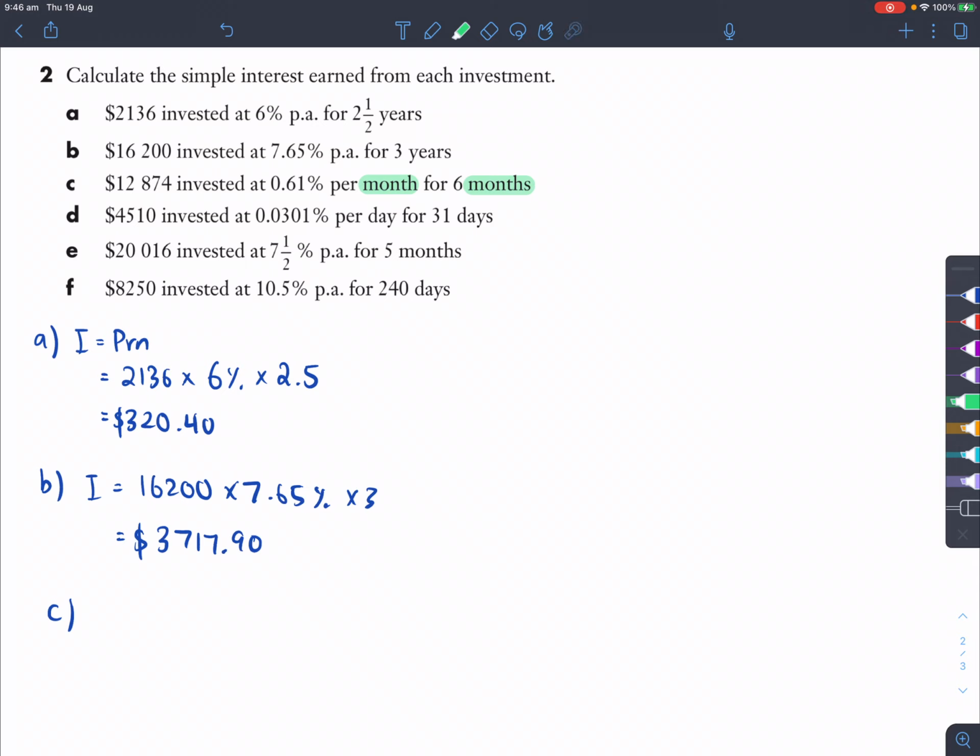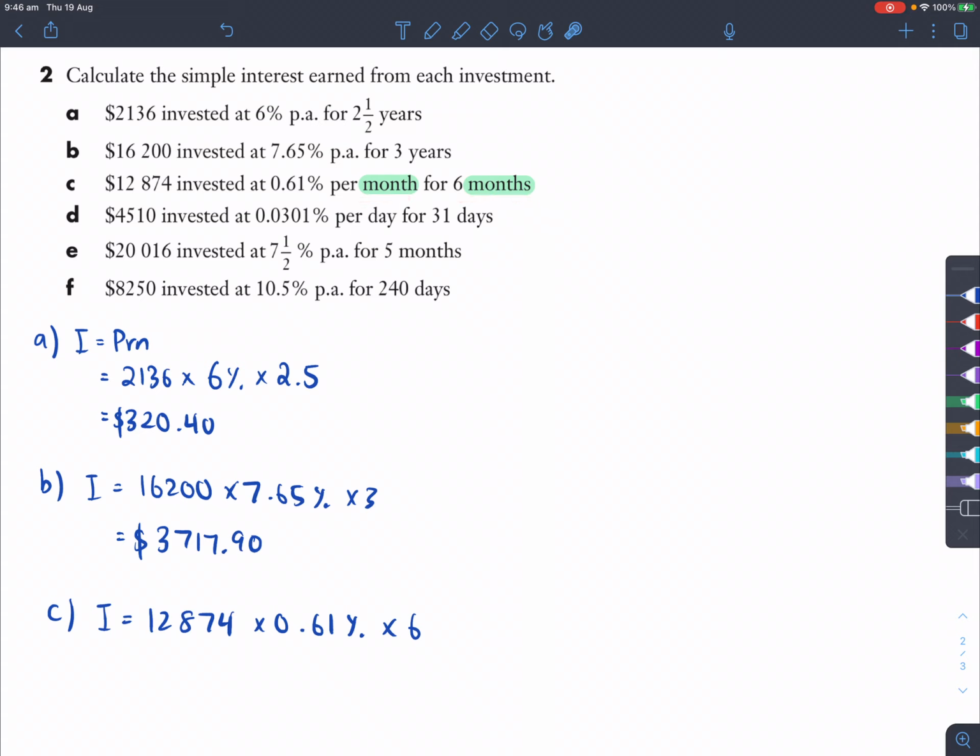Question C is a little different because now we've got a percentage per month, and also a duration in months. This is perfect still because these are the same duration. So I equals 12,874 first, that's our principal. We're going to multiply that by our percentage, 0.6%, and then multiply by 6. As long as these are the same time periods, we can multiply them through.